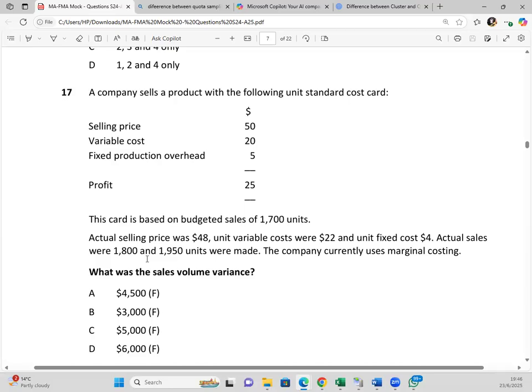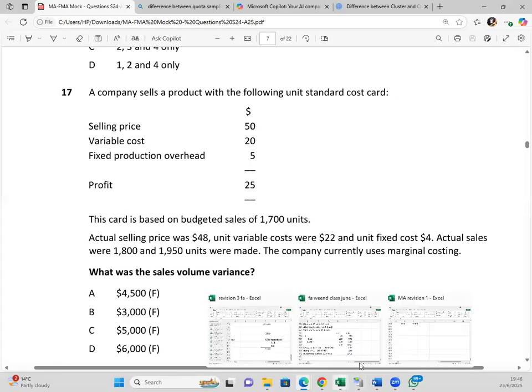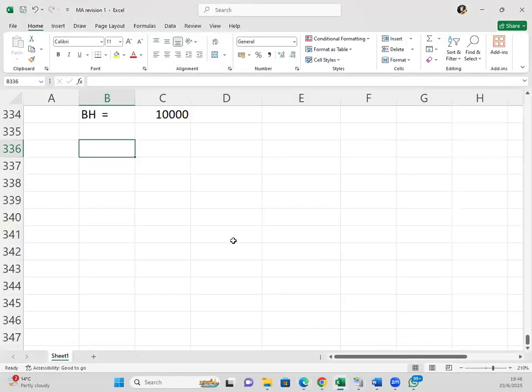If we use marginal costing, remember marginal costing uses contribution. Absorption costing uses profit. So if they are using marginal costing, it means your sales volume variance is the sales volume contribution variance.